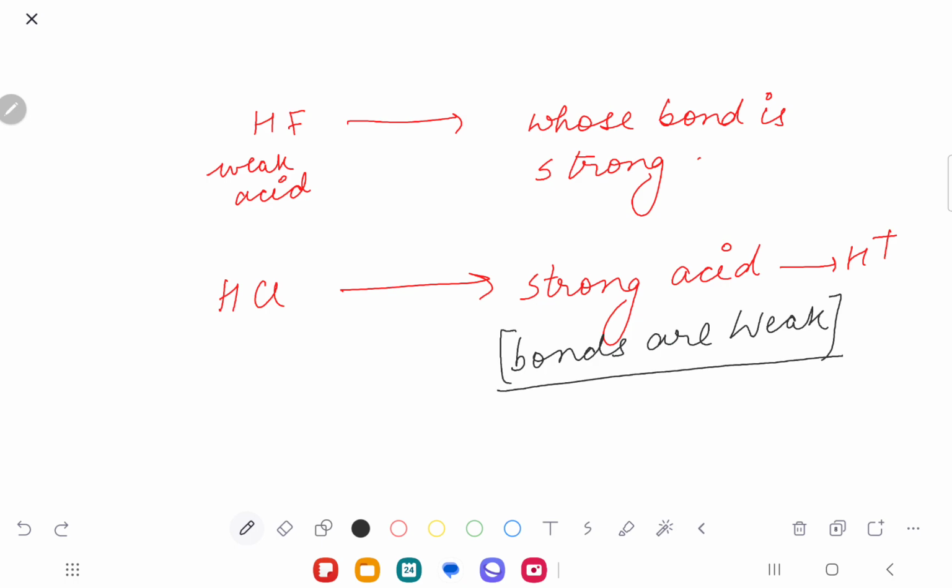So first thing, this is important. Because the bonds are weak, even less water is enough to break the bond.